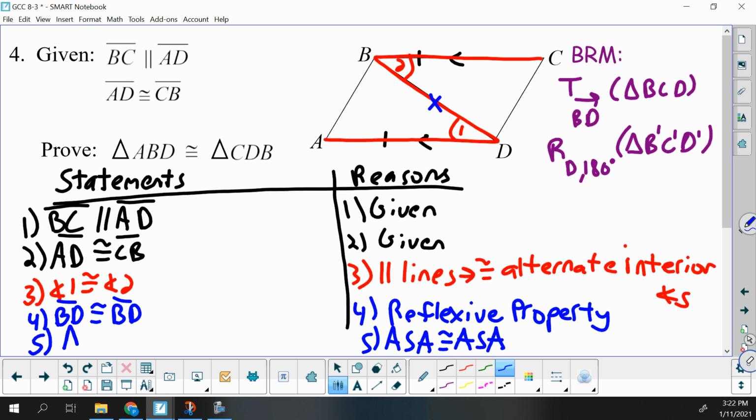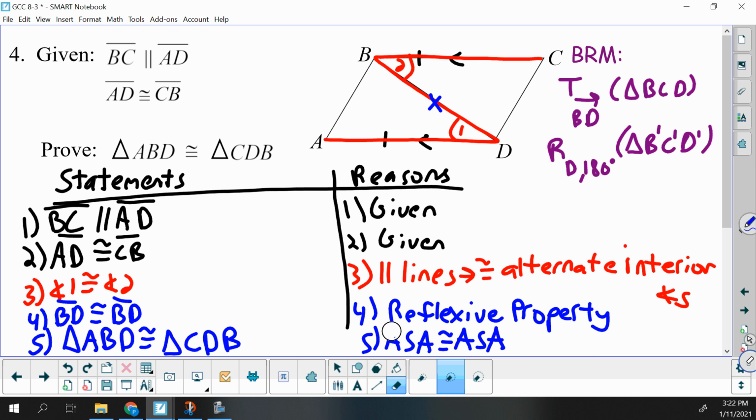And our statement would just be our two triangles congruent. Triangle ABD is congruent to triangle CDB. Oh, I messed that up. We have an angle between two sides. Sorry about that.